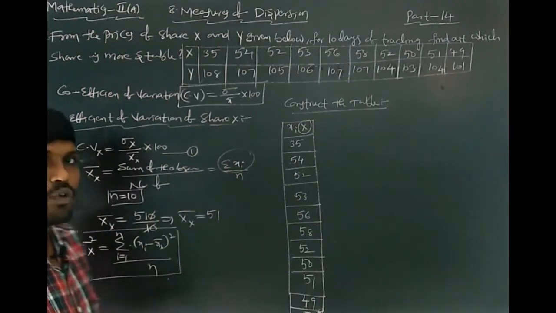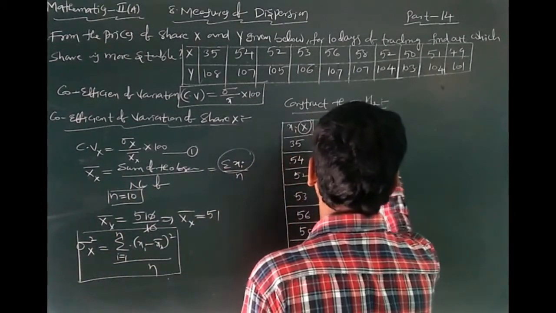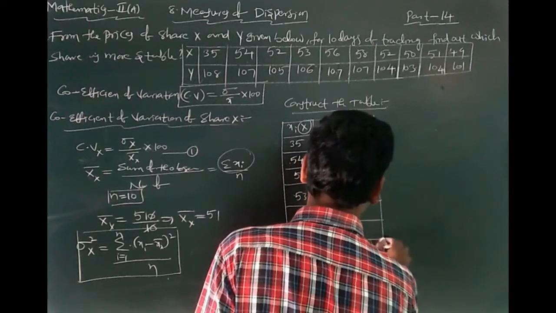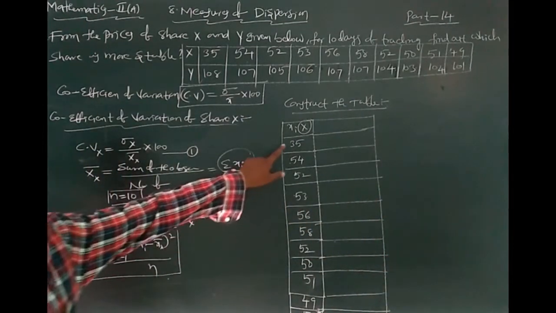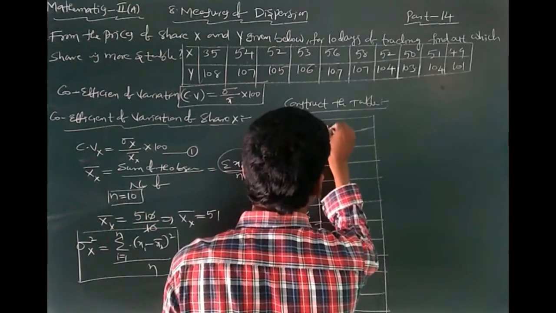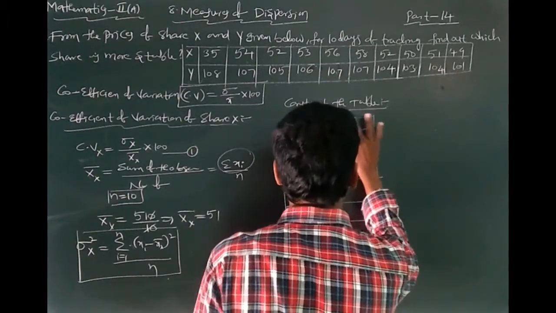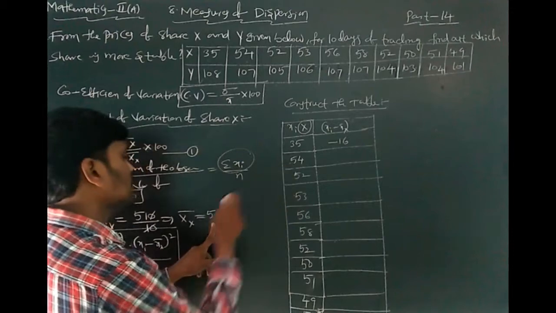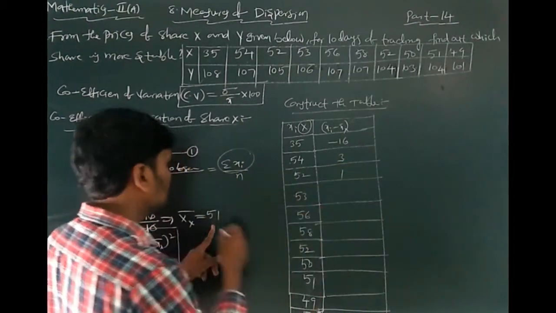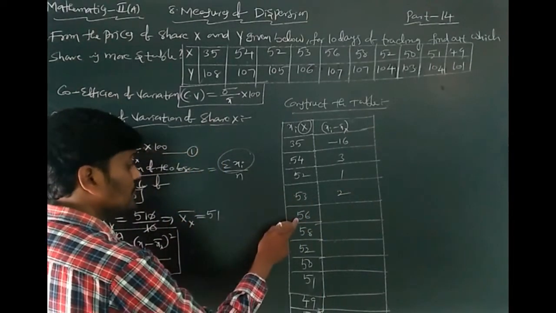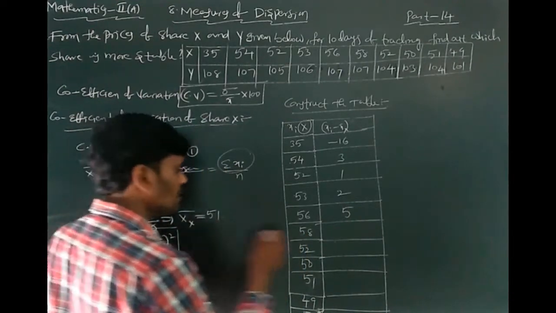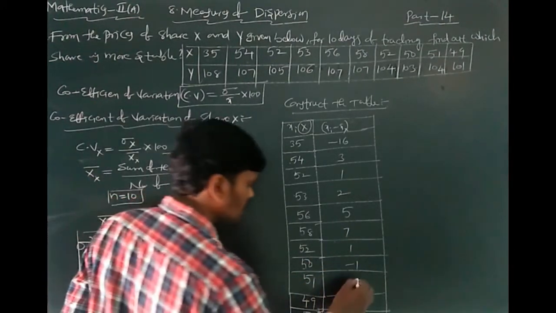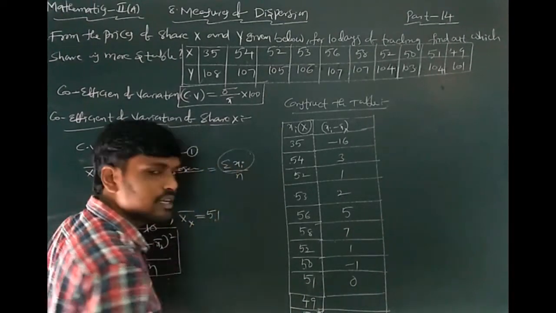First, write xi minus X bar. 35 minus 51 is minus 16. 54 minus 51 is 3. 52 minus 51 is 1. 53 minus 51 is 2. 56 minus 51 is 5. 58 minus 51 is 7. 52 minus 51 is 1. 50 minus 51 is minus 1. 51 minus 51 is 0. 49 minus 51 is minus 2.